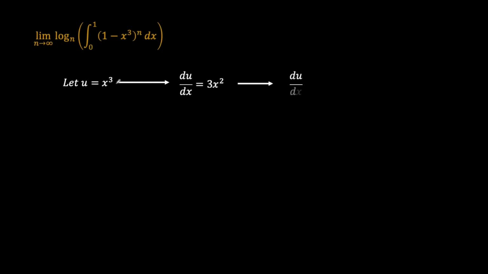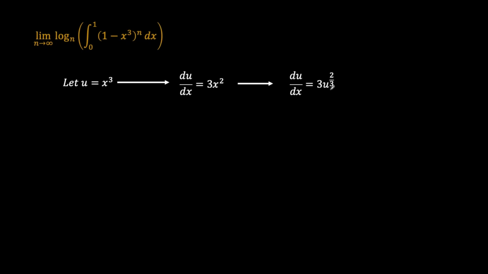And thus du/dx is 3u to the power 2/3, because now we've expressed x squared in terms of u. If you look at this, the cube root of u would be equal to x, and therefore x squared would be u to the power 1/3 times the power 2, which is u to the power 2/3. And so that's what we've obtained here.